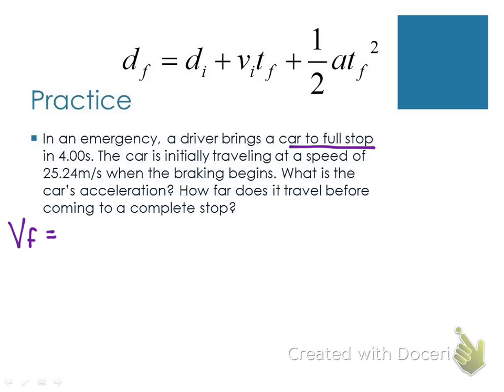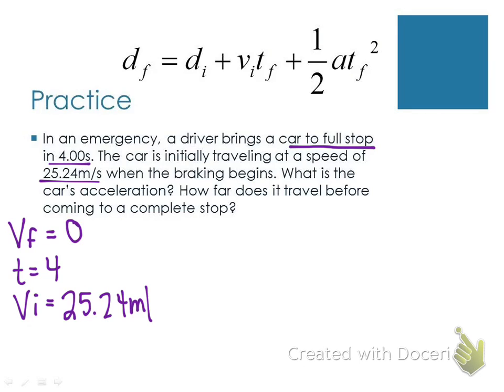Final velocity must equal 0. Good. Because it's coming to a complete stop. They told us our time is 4 seconds. And they told us our initial velocity, 25.24 meters per second. Does anyone not see where we came up with those 3 variables?